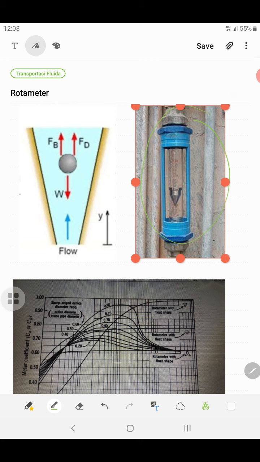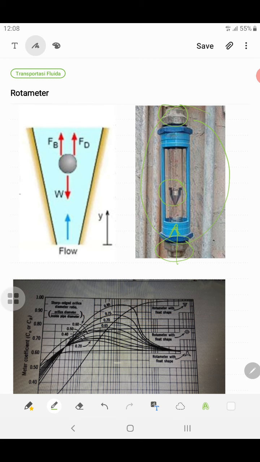This blue color is connected to the pipe, and you can see this one is the pipe, this one is the pipe, and it is connected to a rotameter. Usually the fluid flows from the bottom upward, and you can see something in the middle here.